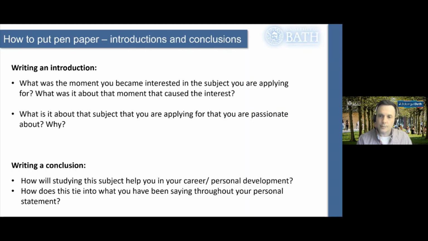Okay, that's great. Another question that just popped up is, how would you develop experience for social science subjects like criminology and psychology? I think with social sciences, your personal statement is going to focus quite a lot on the development of the academic skills that are required.